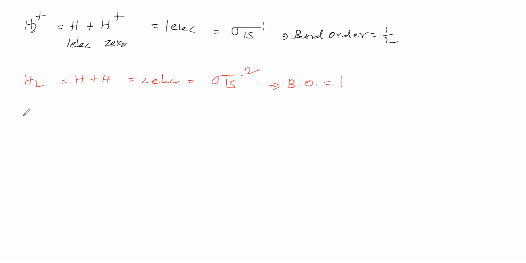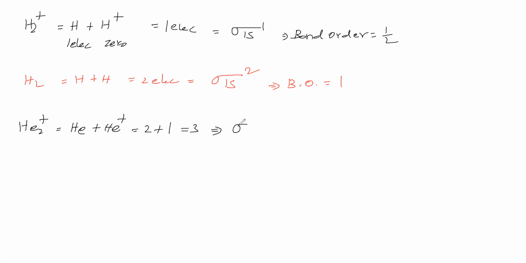Okay, next species we will take is He2 plus, that is He plus He. Helium atomic number is 2, therefore 2 electrons. He plus means 1 electron is lost, therefore only 1 electron. Totally 3 electrons. Now we will write the molecular orbital electronic configuration.